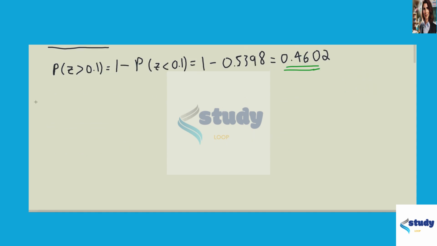Now, in part B, we're asked to find the probability that the monthly payment is greater than $1,475. So it's the probability x greater than 1,475. We're just going to use the same method by calculating the z-score value, which again is x minus mu over sigma.